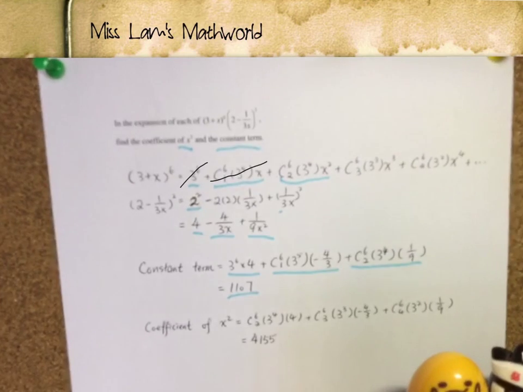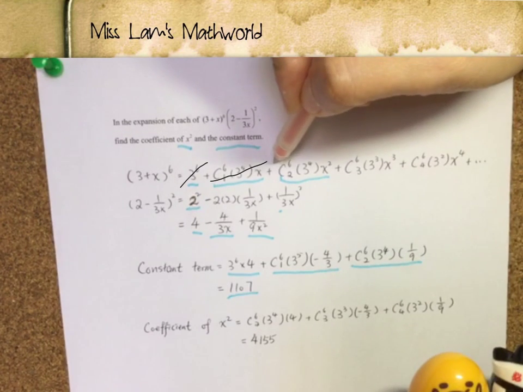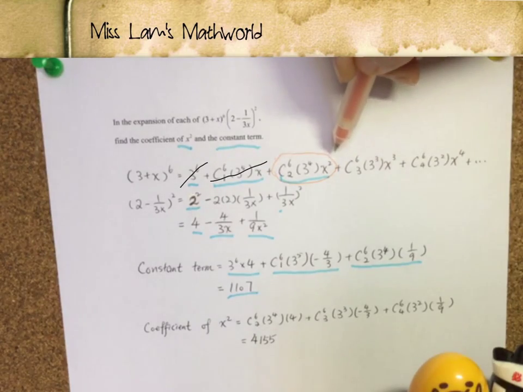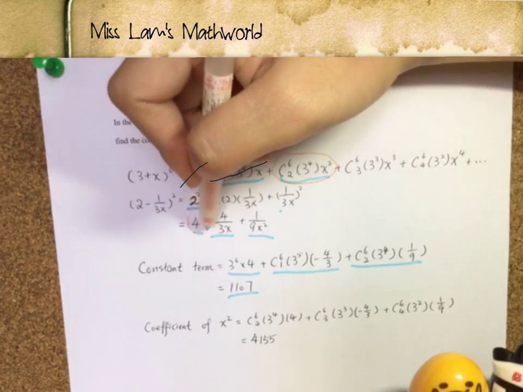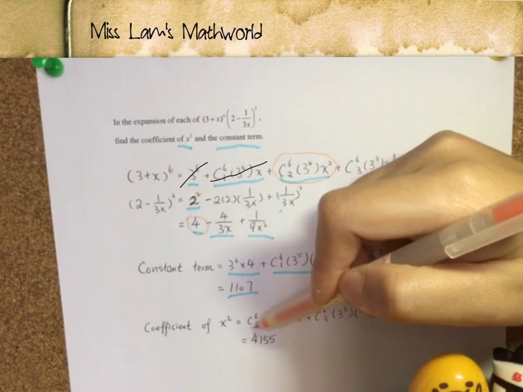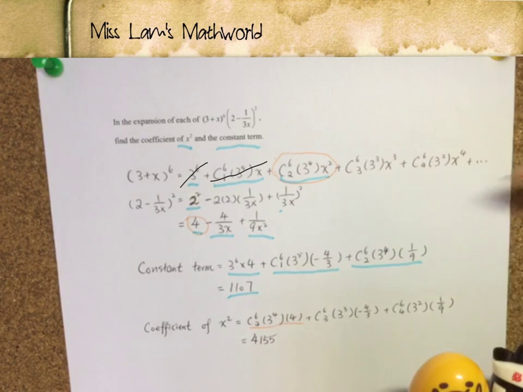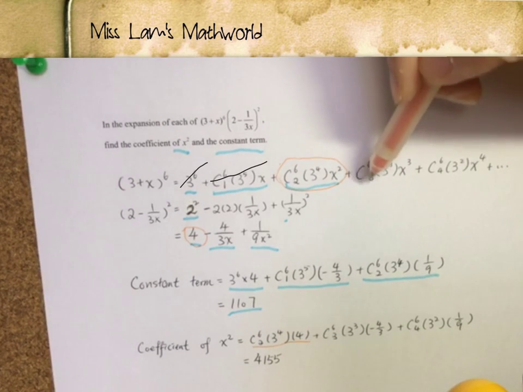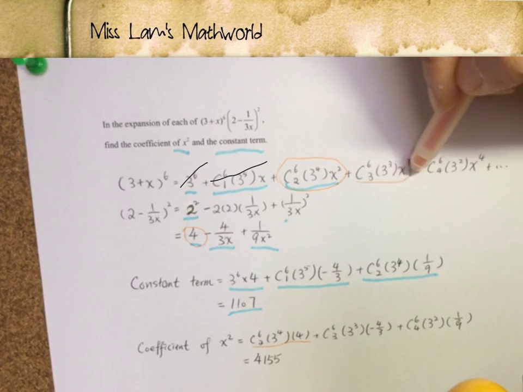So the first one, we have x squared, and we can multiply by the constant, and we have got the first part of the coefficient of x squared. And then continue. For the second part, we have this one, x to the power 3.